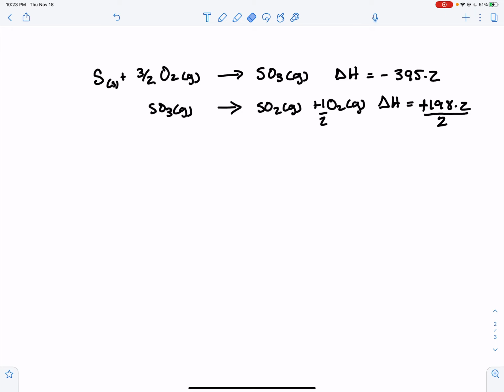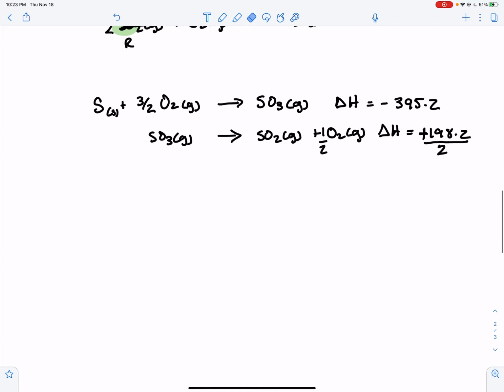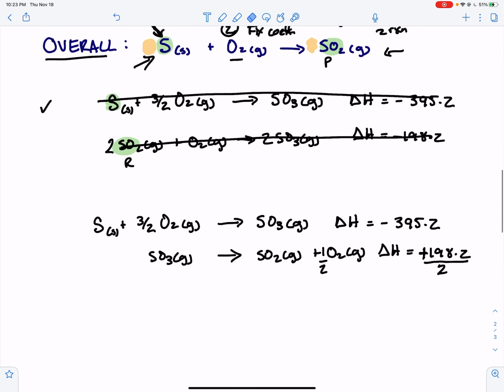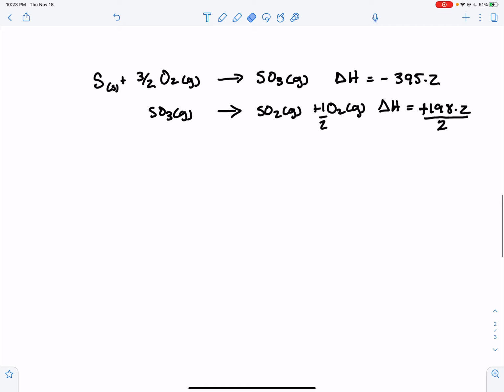All right. Now, as we are looking at things, we have something that appears on both sides, and that can cancel. Right here, SO3 is on both sides. And notice there's an understood 1 for both of them. So that just cancels.